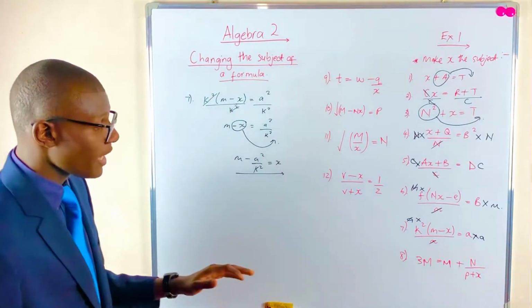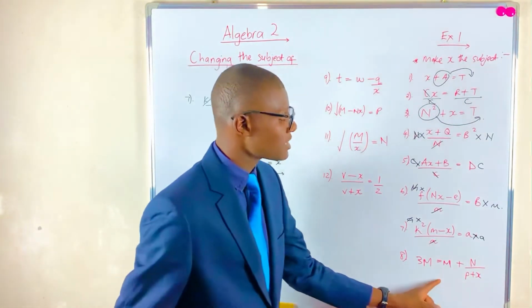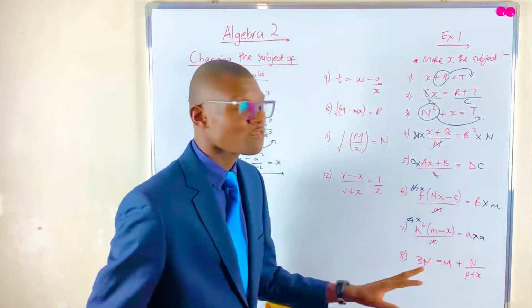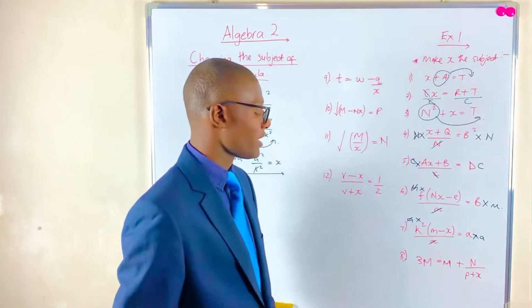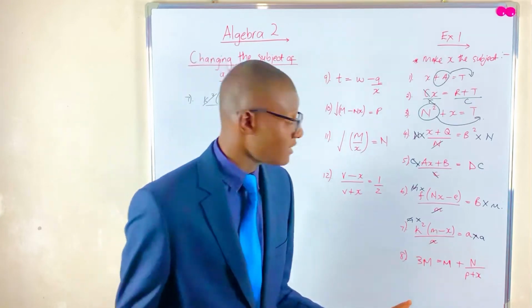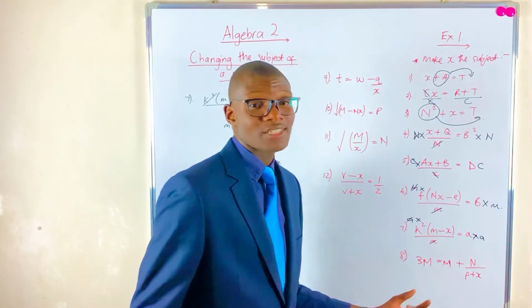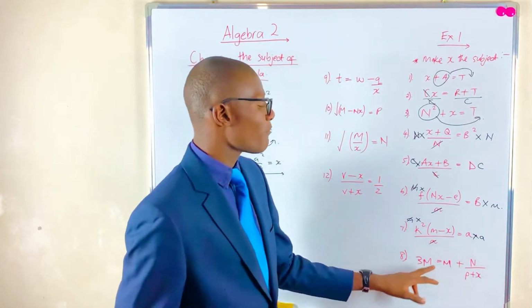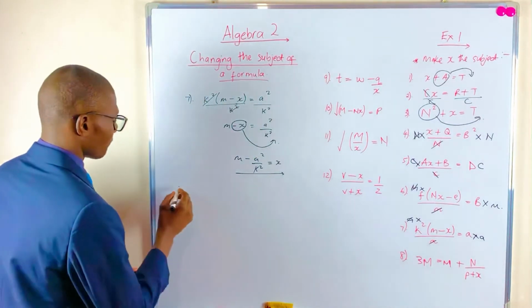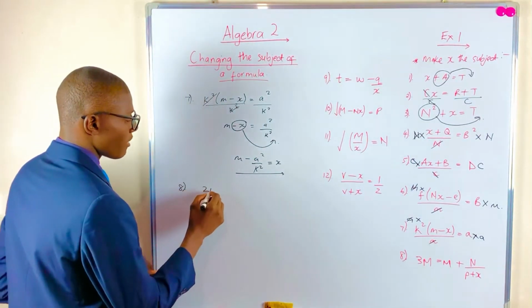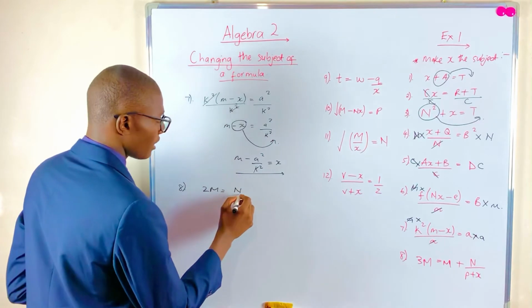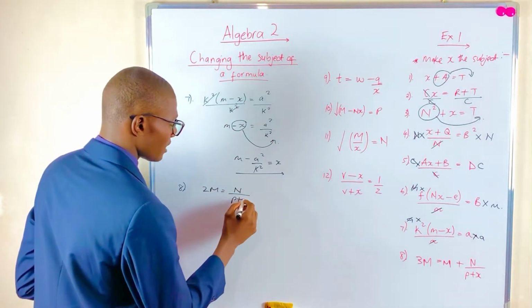Then for number 8, 3m is equal to m plus n over p plus x. So first of all, grouping like terms, we shall take m to the left hand side, such that 3m minus m will give us 2m. And then 2m would now be equal to n over p plus x.